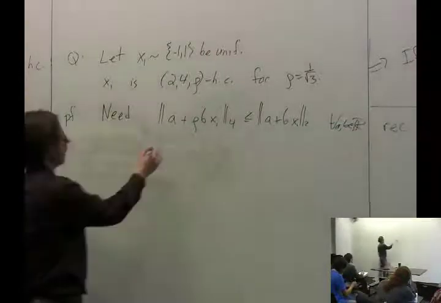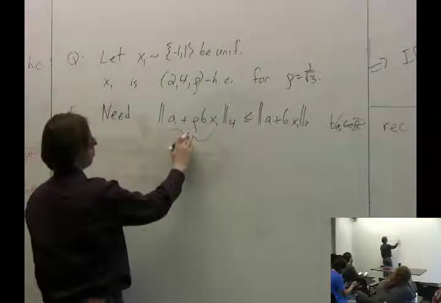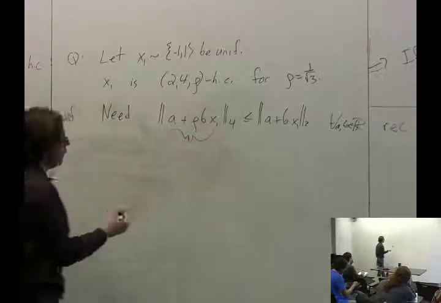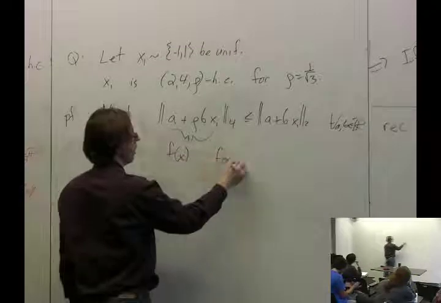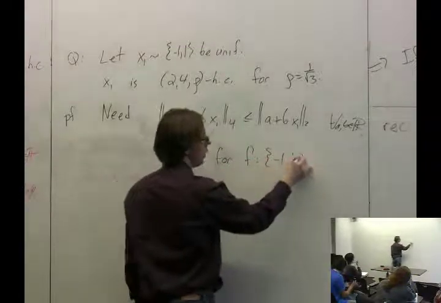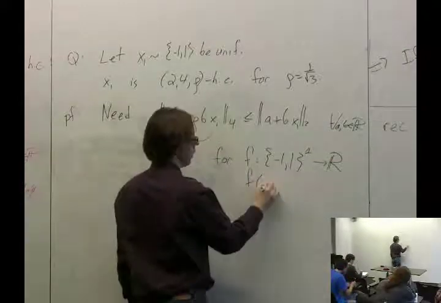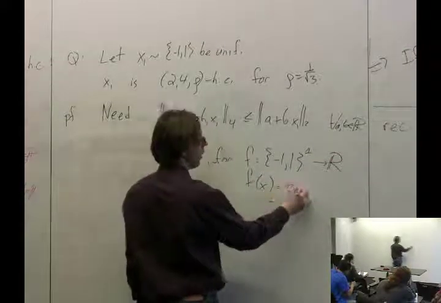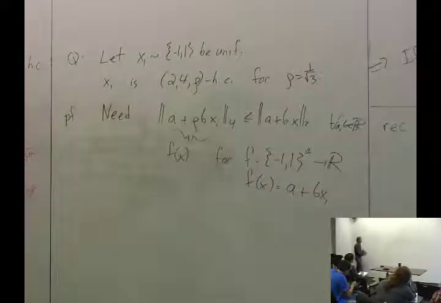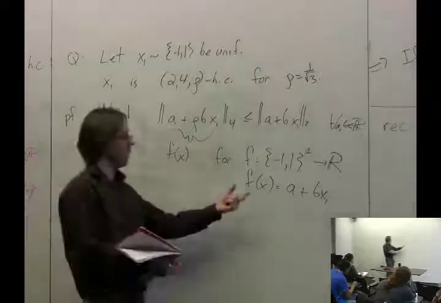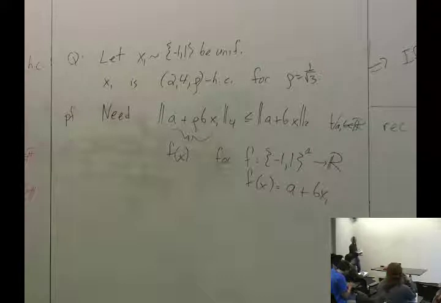And what I would like to point out is that you can think of this thing as f of x for f a 1-bit Boolean function whose Fourier expansion, if you will, is A plus B x1. For all real A and B, I can define this. It's kind of degenerate, but a real-valued Boolean function on 1 bit.